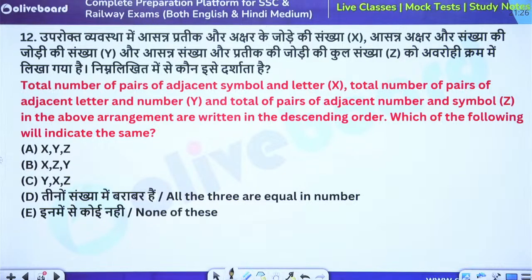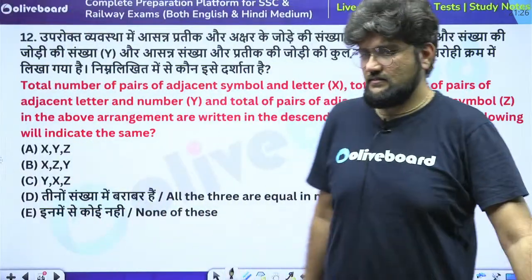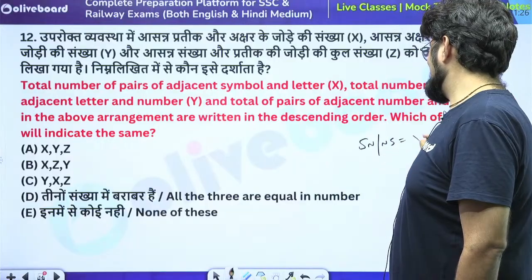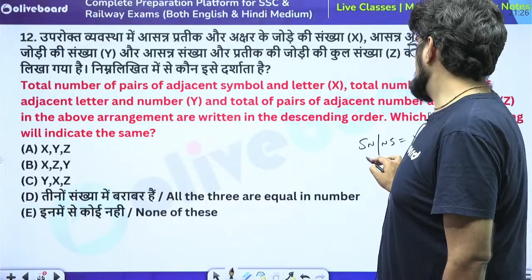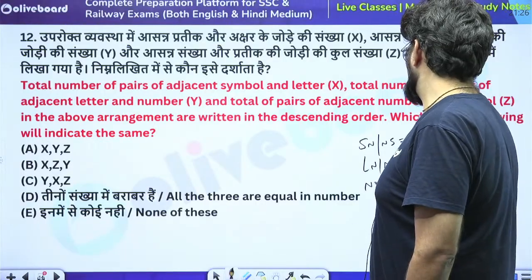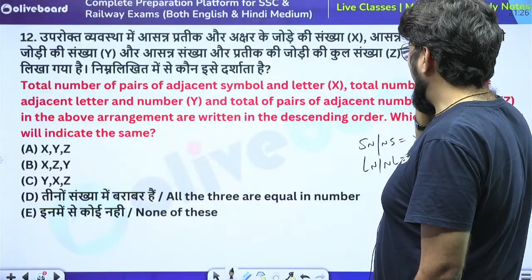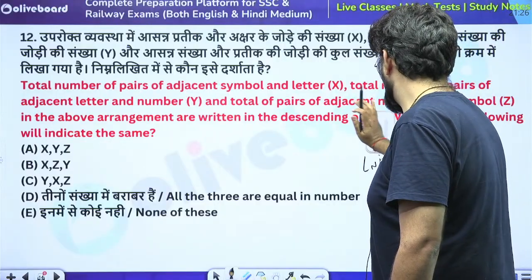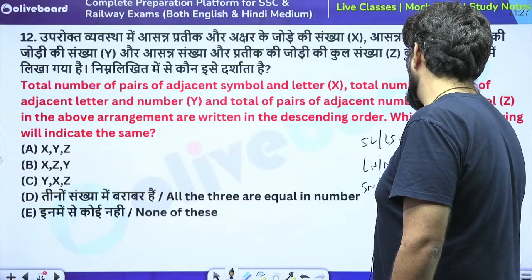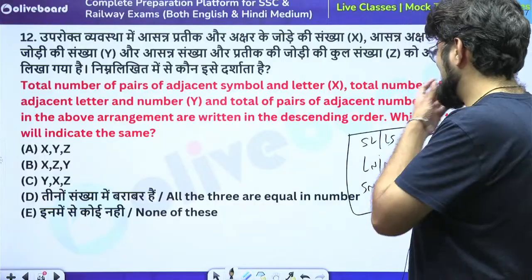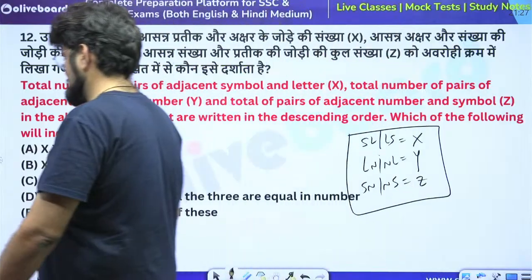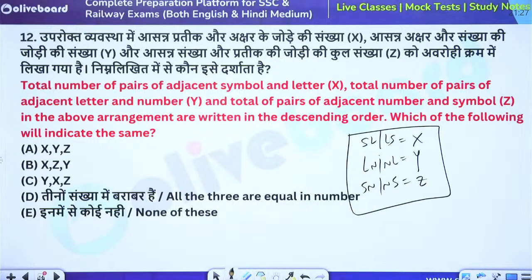Now, total number of pairs of adjacent symbol and number, symbol number or number symbol, is equal to X. This is a good question actually. Total number of pairs of adjacent letter and number, letter number or number letter, is equal to Y. And total pairs of adjacent symbol and letter, symbol letter or letter symbol, is Z. We need to find out this first.